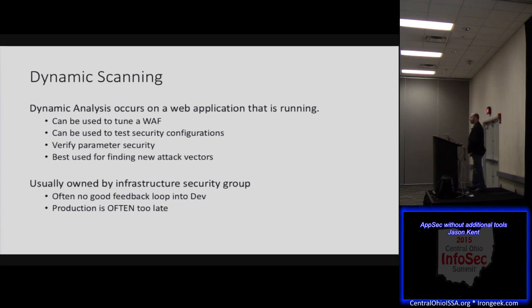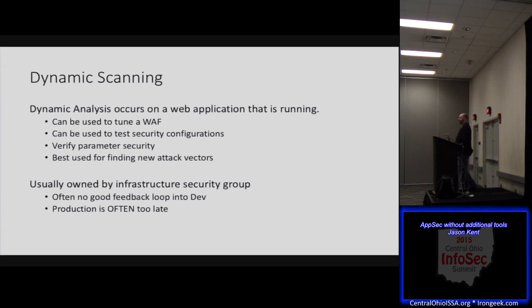But what if we just took that report and instead of handing it to development, we hand it to our web application firewall if we have one. This takes the signature part of web application firewall and makes it your signatures, right? It's your problems that you're trying to block, not the ones that some R&D guy over at F5 has figured out.